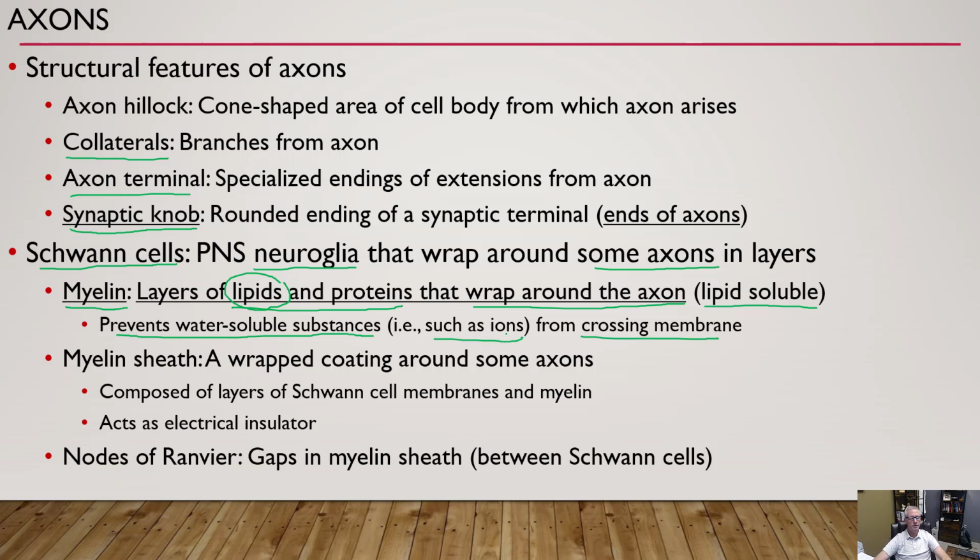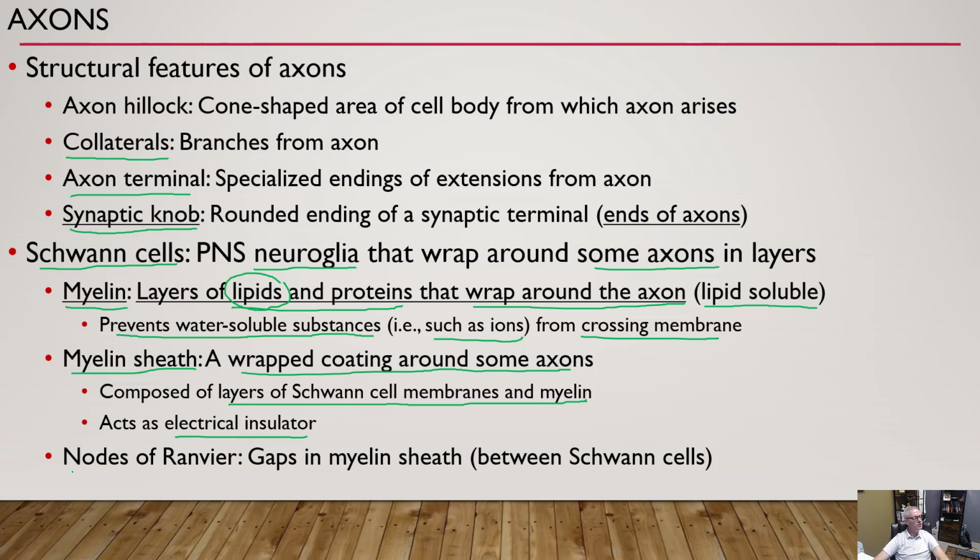And as this myelin gets wrapped around some of those axons, it creates this thing called a myelin sheath. So it's just layers and layers and layers of myelin. It's a wrapped coating around some of this axon, composed of layers of Schwann cell membranes and myelin. And it acts as an electrical insulator, which I'll talk about here in a few minutes.